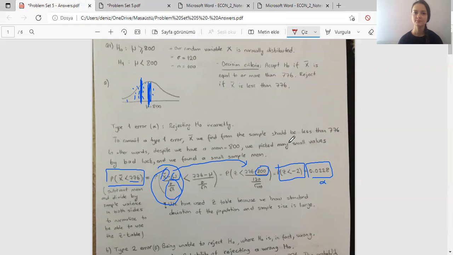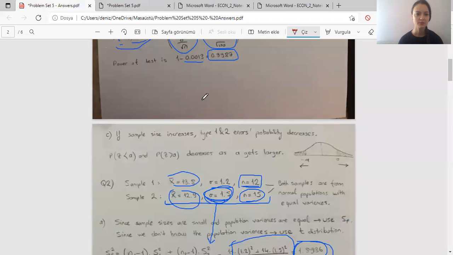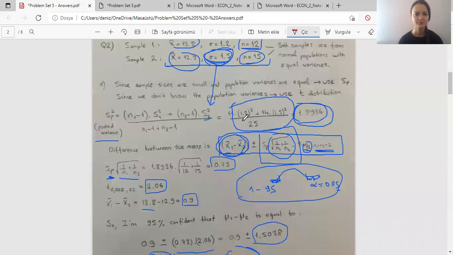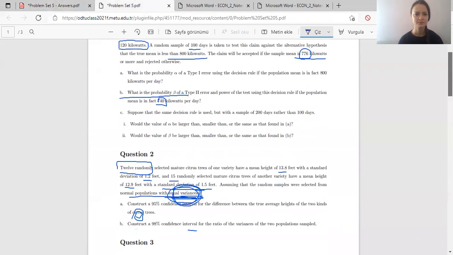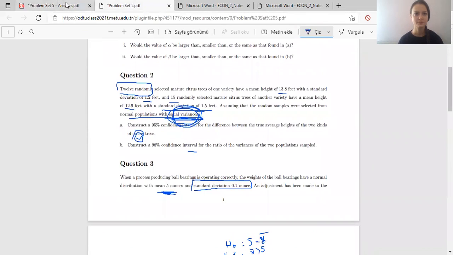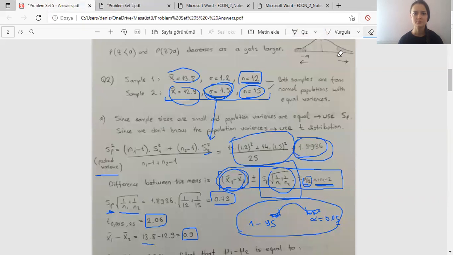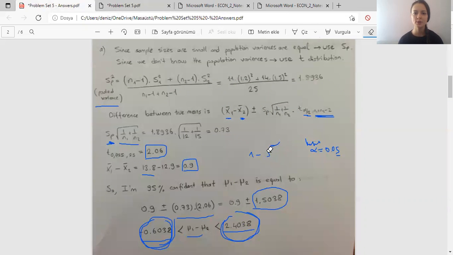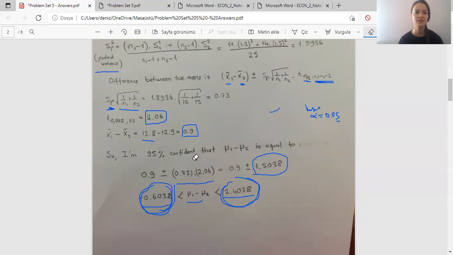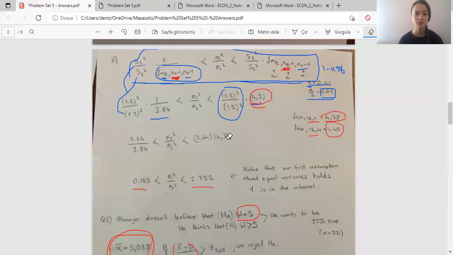Jim, I actually have one question about question number 2. There was a calculation, and I was wondering where f of alpha over 2 was, I think a bit lower in part B. Yes, f is used when we are calculating the ratio of the variances.